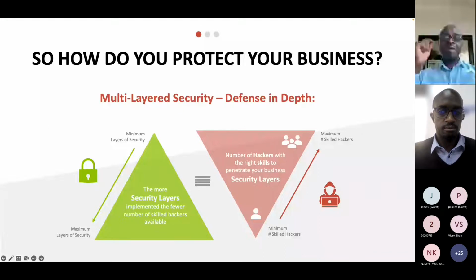The fewer levels of security you have, the less skilled the hacker needs to be, which basically means more people playing at that lower skill level than when you have more security measures in place. And I think this particular diagram paints a good picture of what you're trying to talk about.